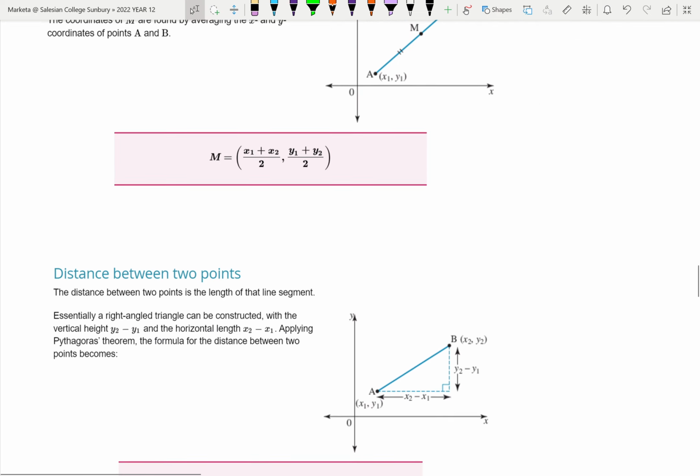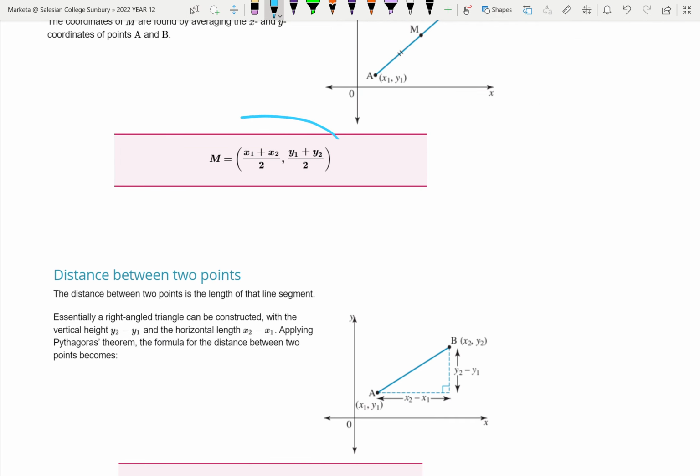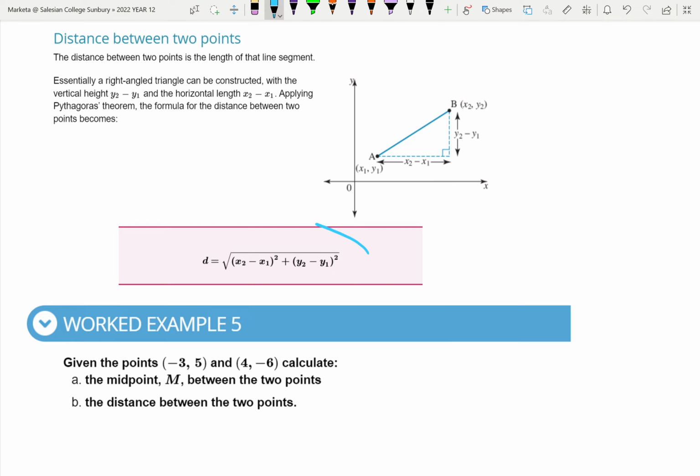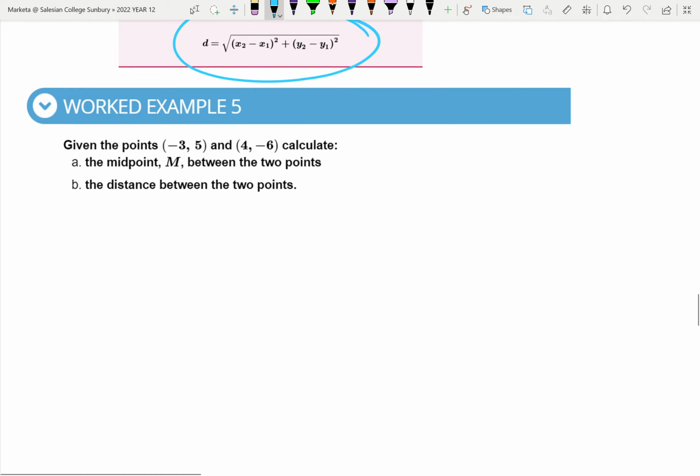That's really important to understand. Midpoint is just the average of the 2 x values and the 2 y values. It's pretty straightforward. With the distance formula, people stuff this up no end with the negatives and positives, and you won't if you just understand it's Pythagoras. So please do check out that video. I might put it in the comments as well if I can work out how to do that.